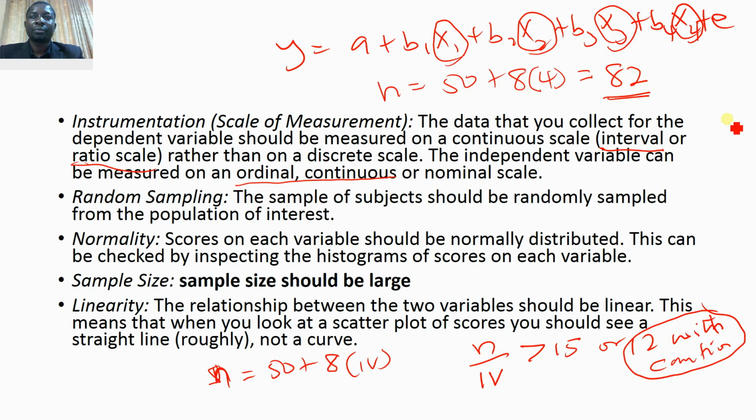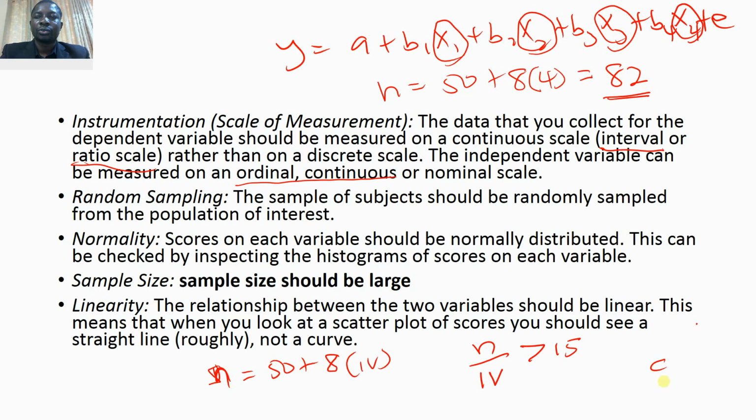Or you can also use the second alternative, which says that when you divide the sample size n by the number of independent variables, you should get 15. In fact, of the two options, the one that gives you the larger sample size is better, because there's always a saying: more data, more information.